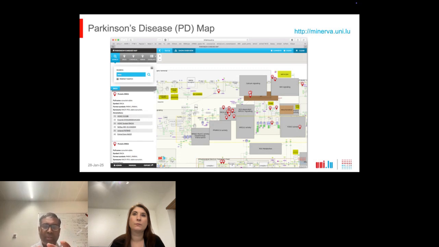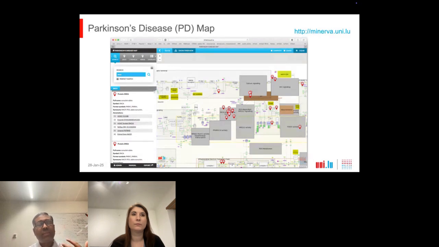So you could zoom in, zoom out, and another thing is you could bring these knowledge on top. You could bring the molecular data as layers, like genetics or microRNAs or metabolomics or proteomics data. You could overlay and see which parts of the map are enriched, or then you could also explain certain mechanisms.